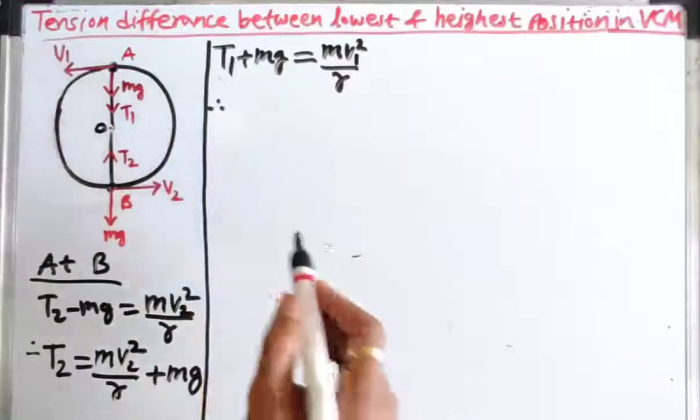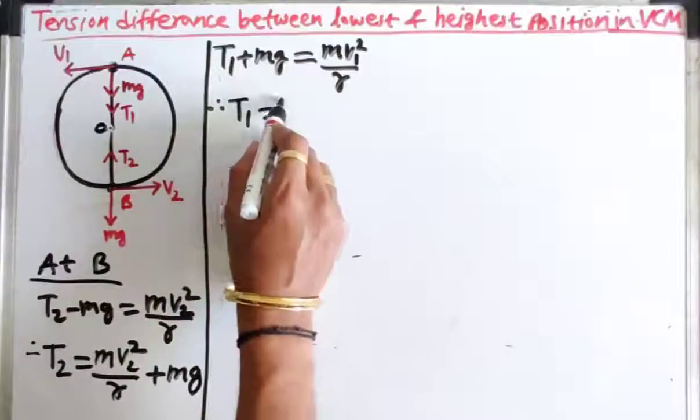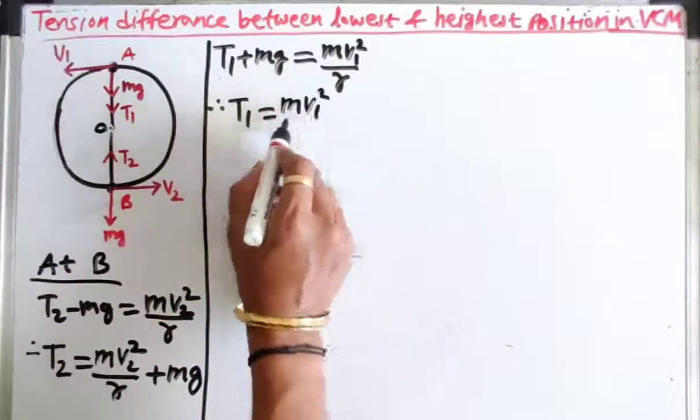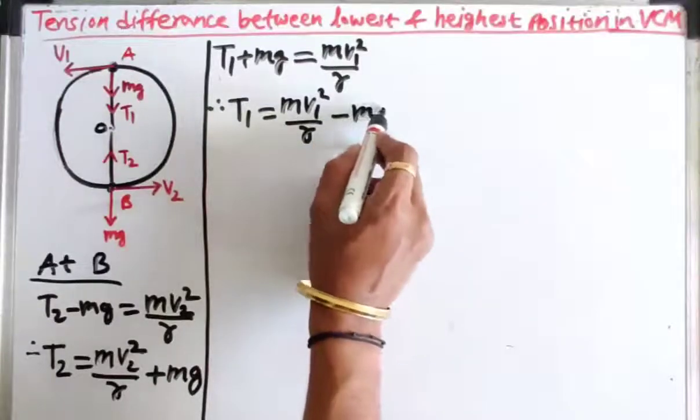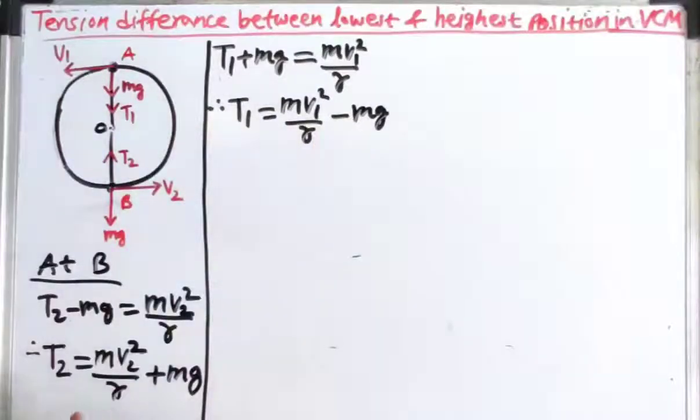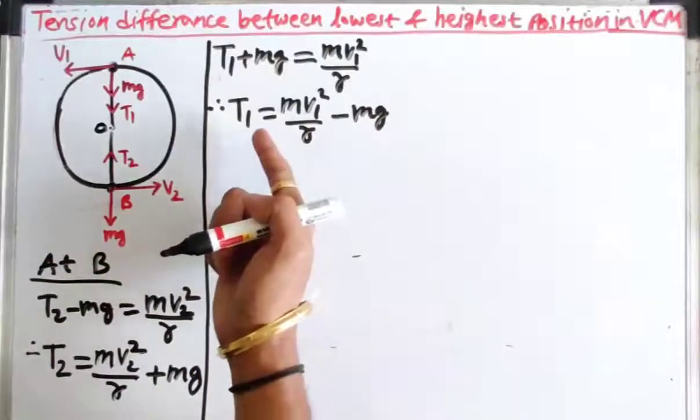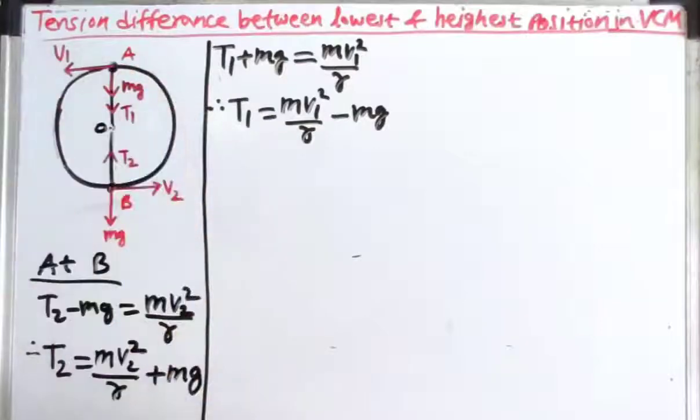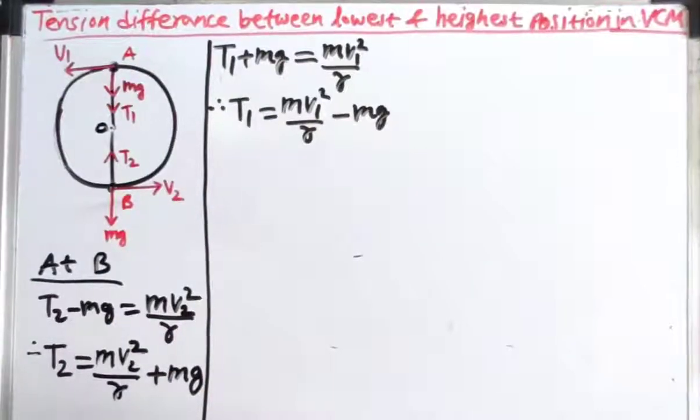Therefore T1 is equal to mv1 square upon r minus mg. The earlier equation gives the tension at the lowest position, that is at point B, and this equation gives the tension at the highest position, that is at point A.